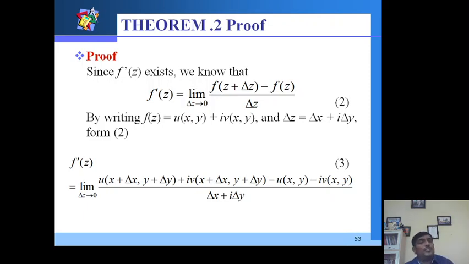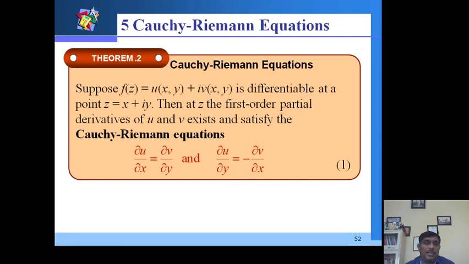These are the four points to remember. In this theorem, it is given that the function is differentiable, and also that the first order partial derivatives exist. Then, after getting this, the equation holds good.